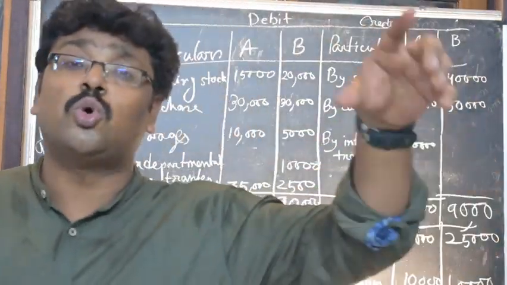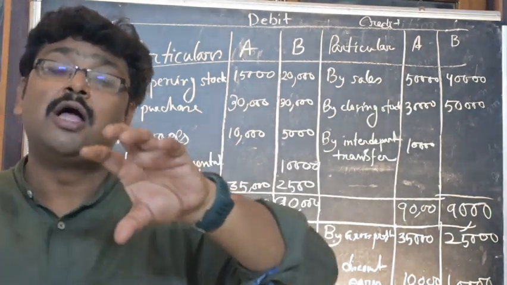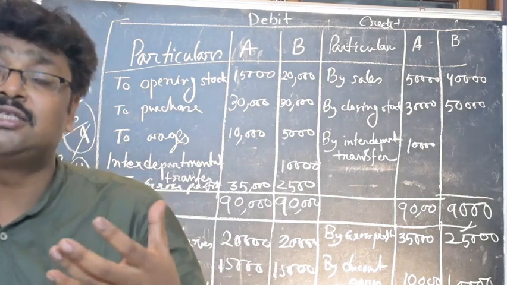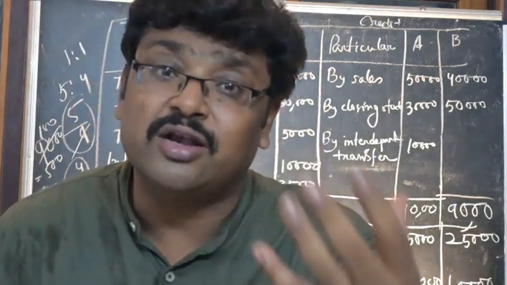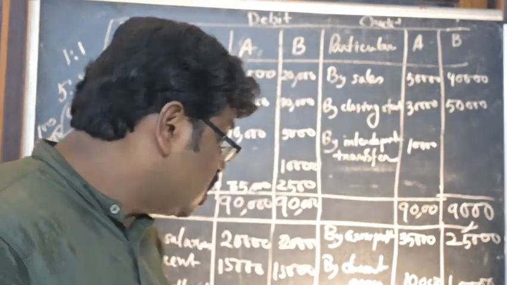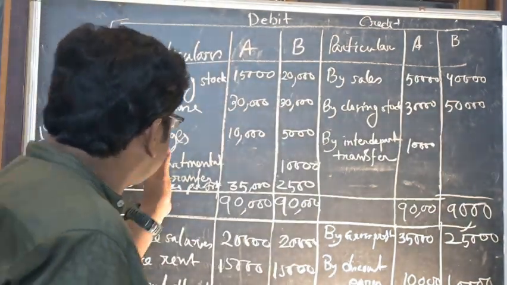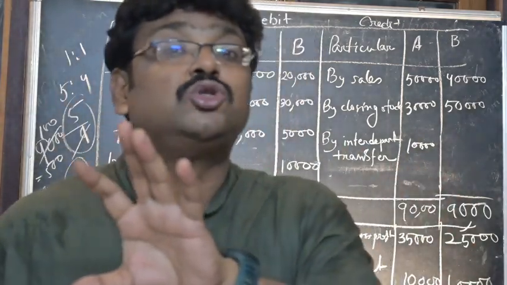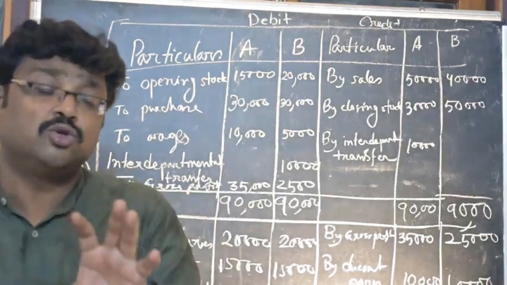So the total depreciation is 6,500, and this 6,500 should be equally distributed between the two departments, because there is no information given related to this.